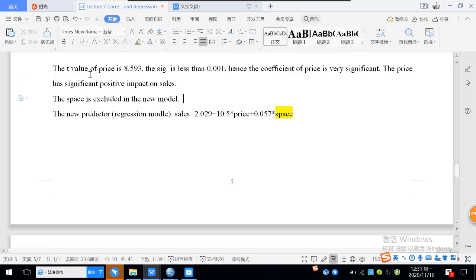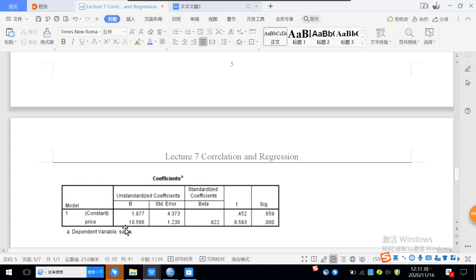While the t-value of price is 8.593, the corresponding significance is less than 0.001. So that means the coefficient of price is significant. Price has very significant impact on sales.